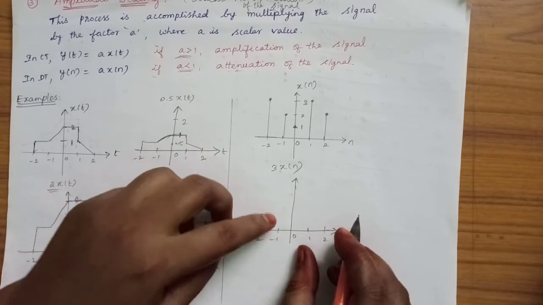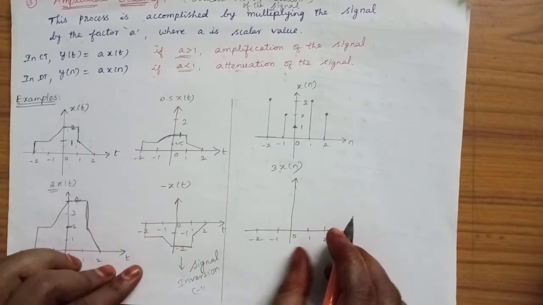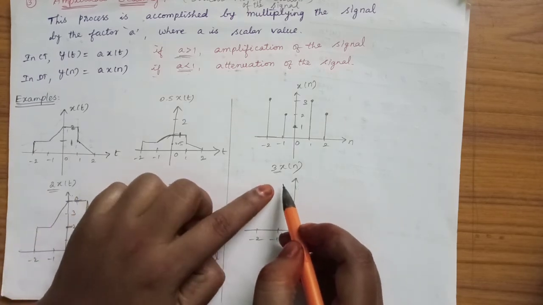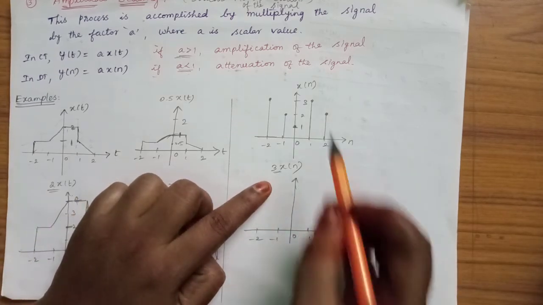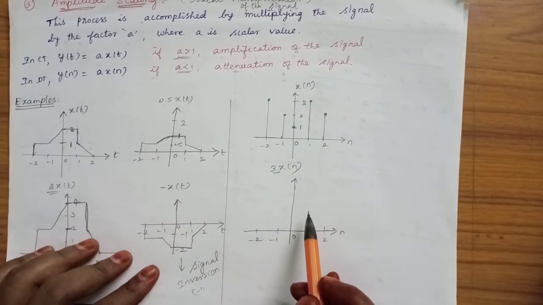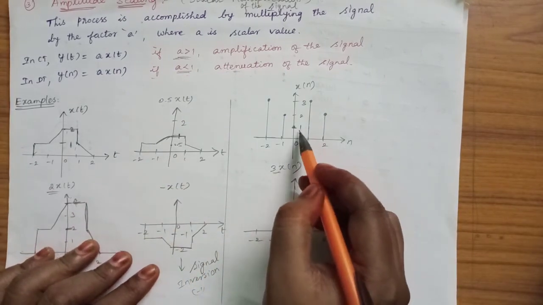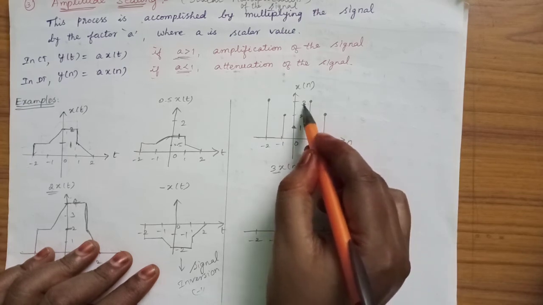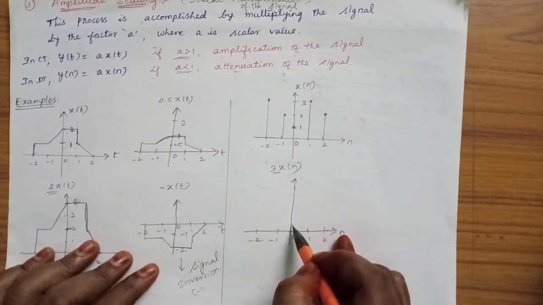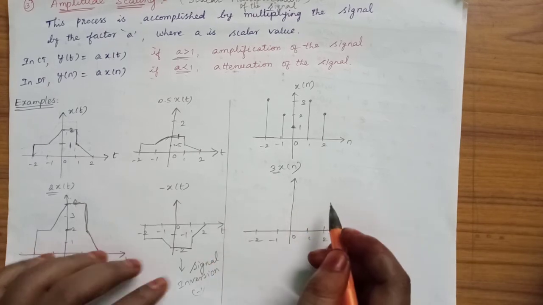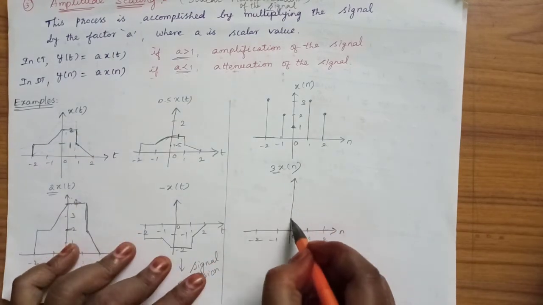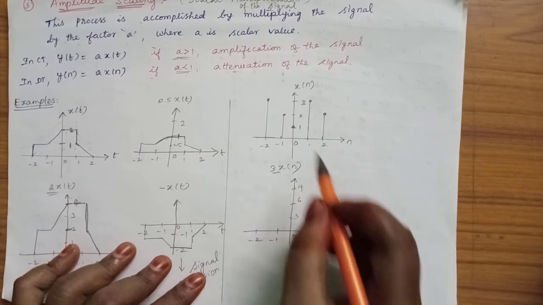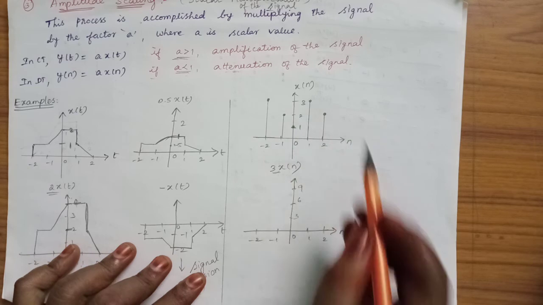Instead of writing 1 to 3, because here it is 3 into x of n, the resultant signal will have 3 times higher amplitude than the original signal. So we multiply 3 with the y-axis: 3, 6 and 9. We can plot 1 to 9, or else directly scale the y-axis by 3. 1 into 3, 3, 2 into 3, 6, and 3 into 3, 9.